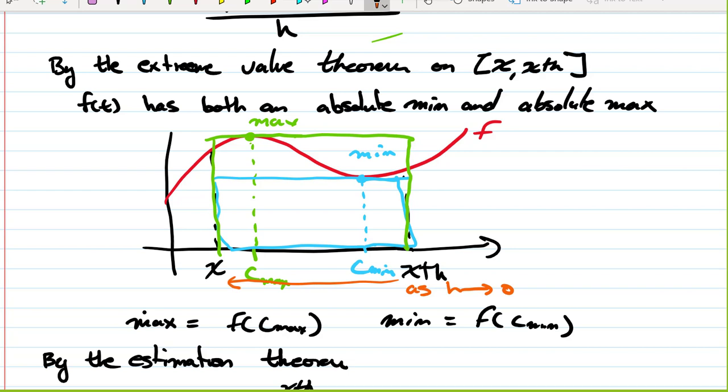If these two things squeeze closer and closer together, what's going to happen with C min and C max? Well, when h finally equals 0, C min is going to equal C max, which is going to equal x, because the only point between x and x is x.